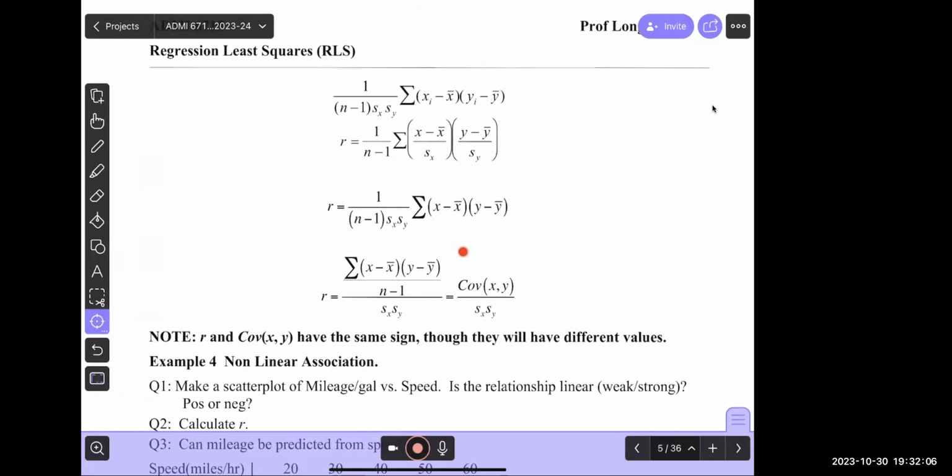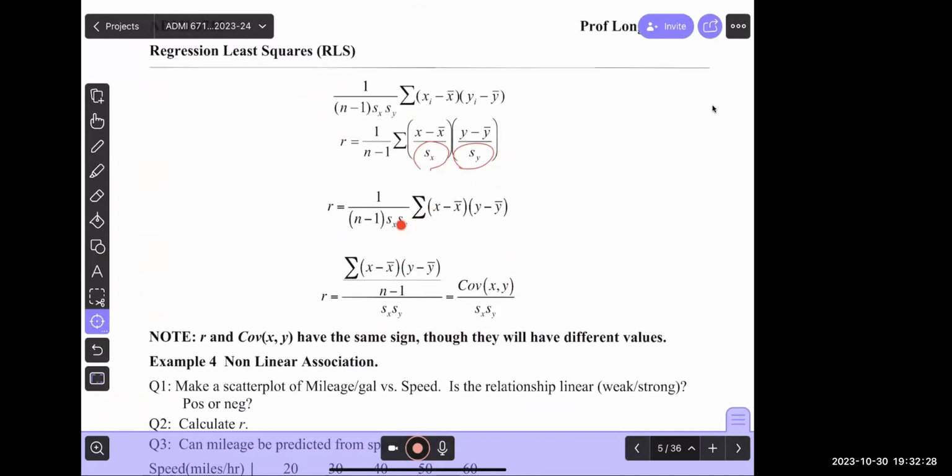And essentially, this is the one. So this is what we did. We did this, but I could easily take out Sx and Sy because they're just constants. They're just calculated from the data. They don't change from observation to observation, right? They are constant.